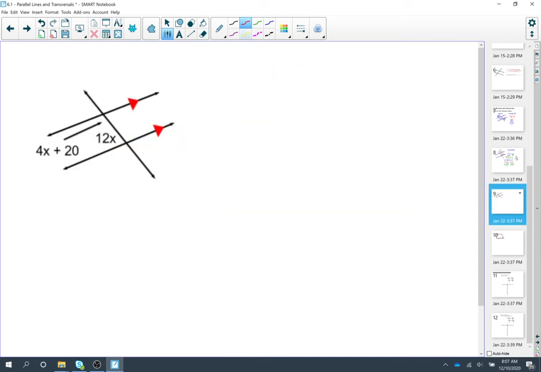Next one. Here's our parallel lines. We have the angle right here, and we have the angle right here. Those are both on the interior, and they're both on the left side. So these are same side interior.